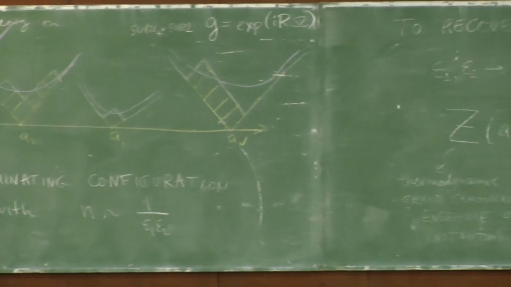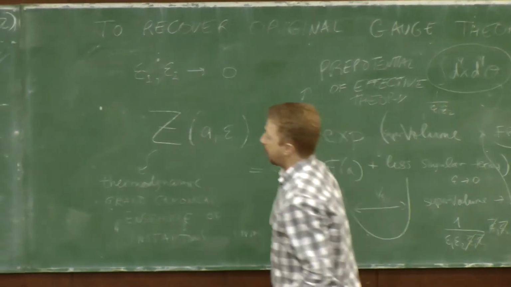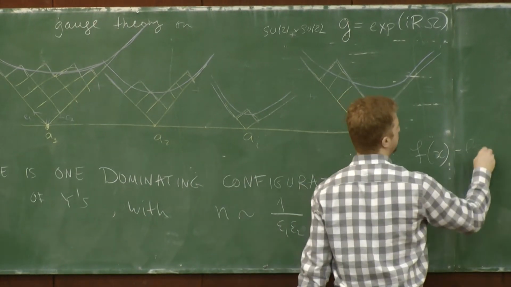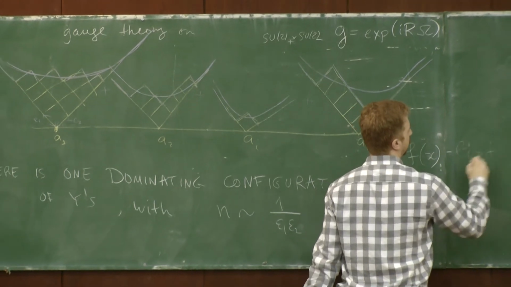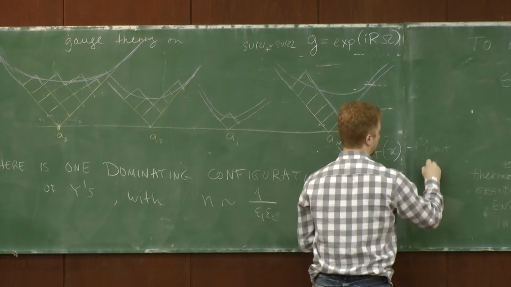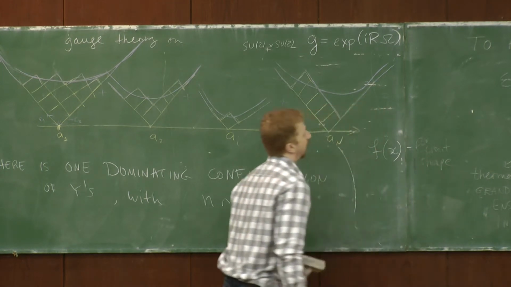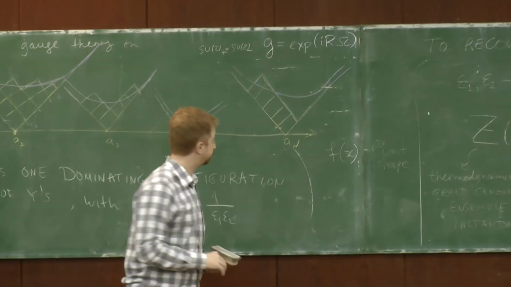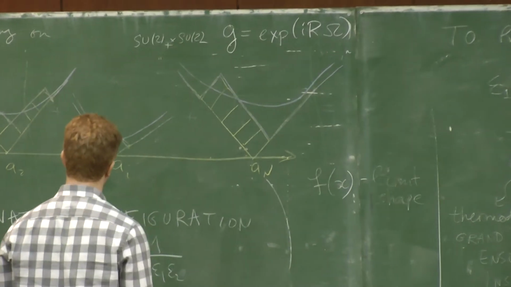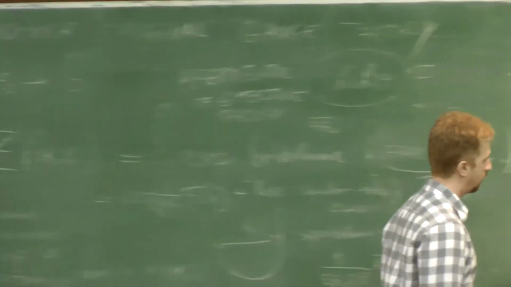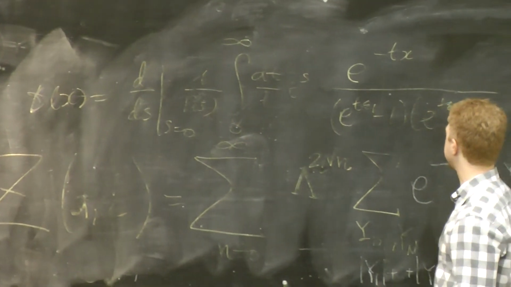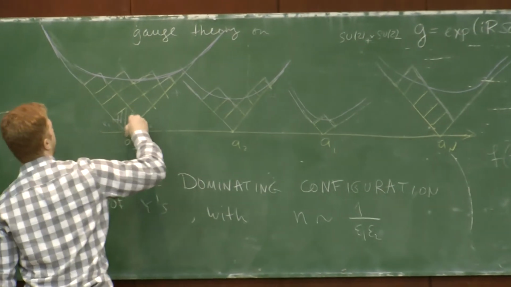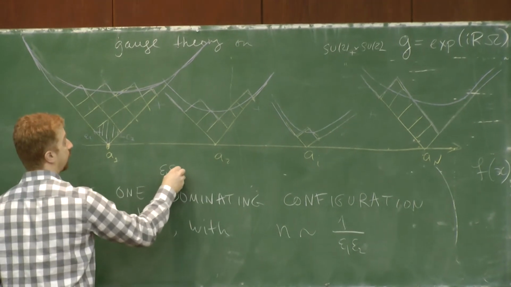So in the limit, what will happen is that this function f of x is called the limit shape. It's something which probabilists studied a long time ago. You get it from, well, roughly speaking, the area of each box is epsilon 1 times epsilon 2.